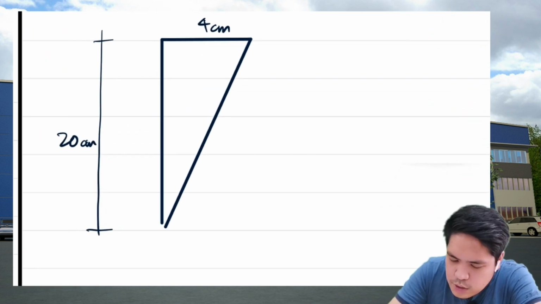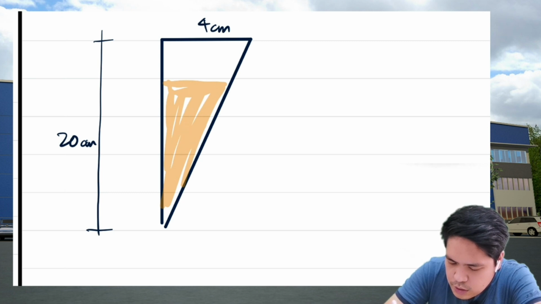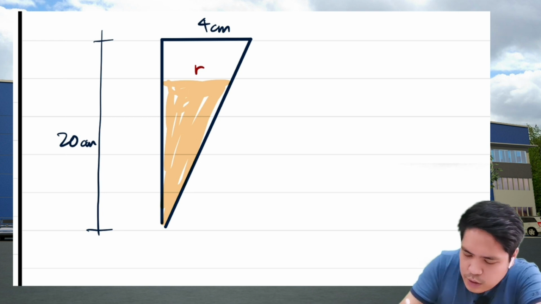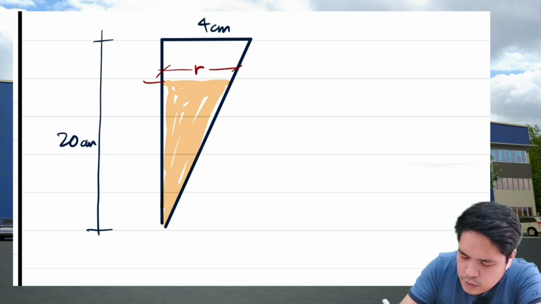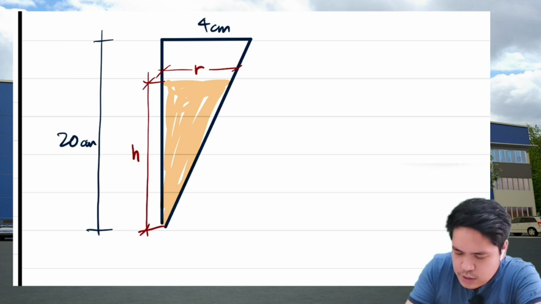Then we have a fluid inside. Let's say this is the fluid that is leaking. So this radius here is changing, as well as the elevation of the fluid surface, h.